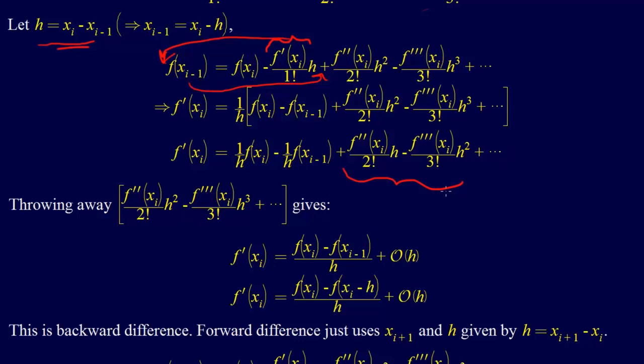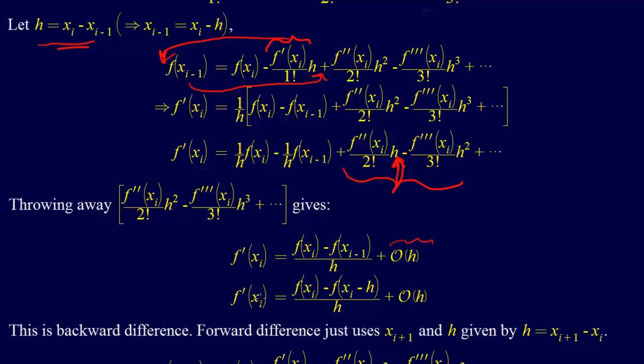Now, when we throw them away, we incur error, and so we'll have some error by doing that. But that's where it's an approximation then. So when we do that, we get f prime at x_i equals f of x_i minus f of x_{i-1} over h plus this error on the order h. You can see the order h, that's the largest term there. So we have error order h.